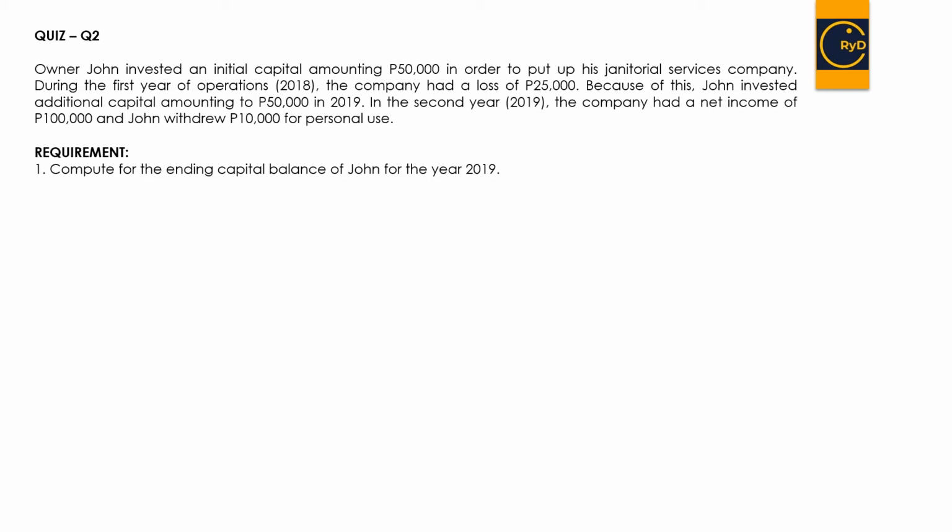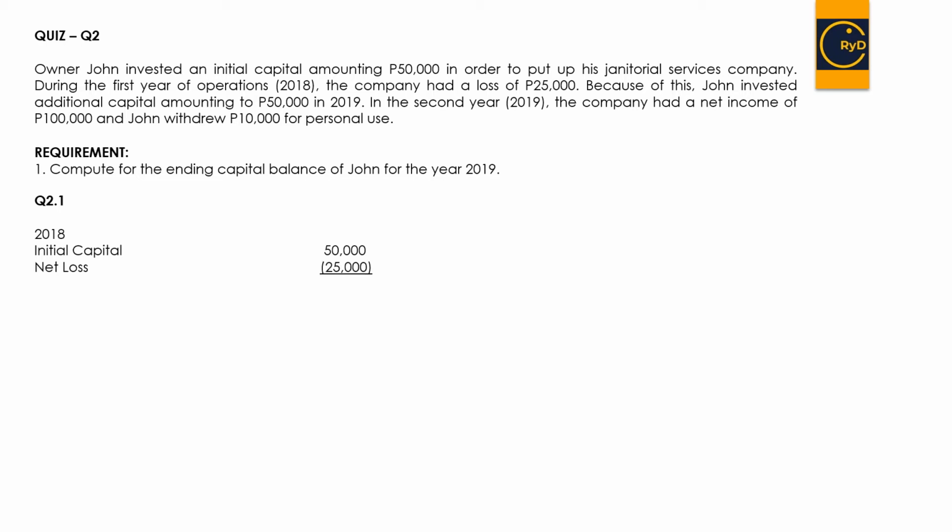So in this case, class, we have to compute first for the capital beginning of John. And how are we going to find the capital beginning? We have to check the previous year, and that's 2018. So we start with the year 2018 with John's initial capital at 50,000.